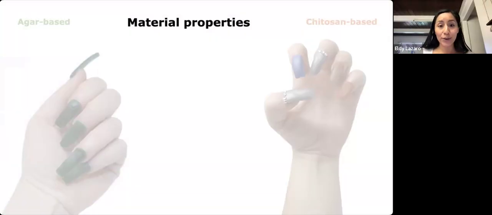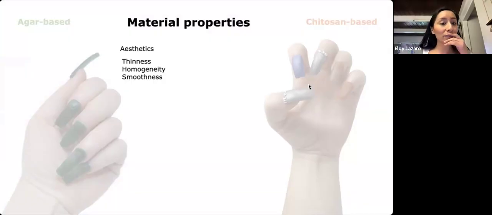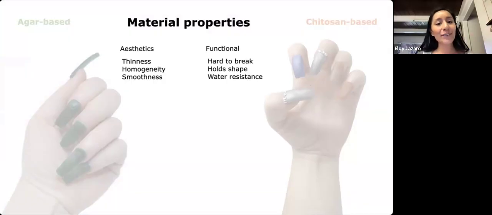For material properties, we tried our best to balance the aesthetics and the functionality, which is very commonly explored in beauty technology, right? We want things to look beautiful, and at the same time we want them to be functional. But the way that we approached that was not by us defining what aesthetics we wanted, or, yes, partially, we knew what aesthetics we wanted.